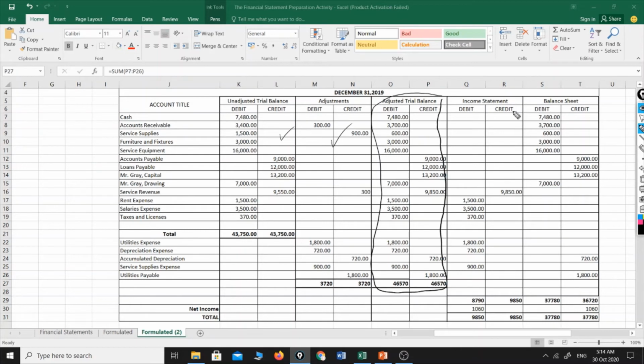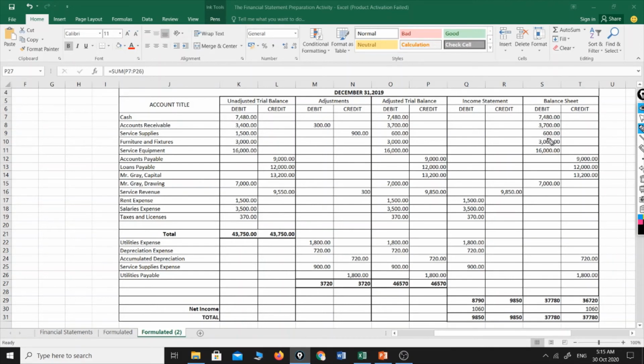Take note, if an account is reflected in the income statement, it should not be reflected in the balance sheet. Take note, for a service business, if an account title is reflected in the balance sheet, it should not be reflected in the income statement section. Same with if it is reflected in the income statement, it should not be reflected in the balance sheet section.